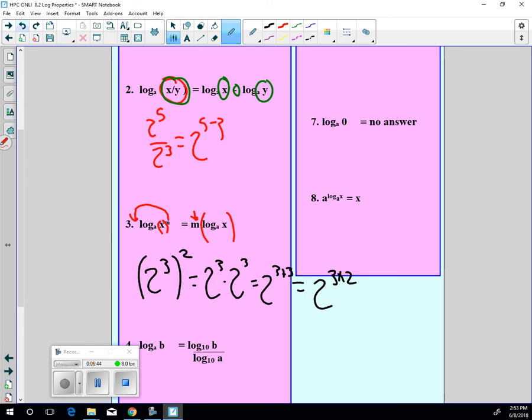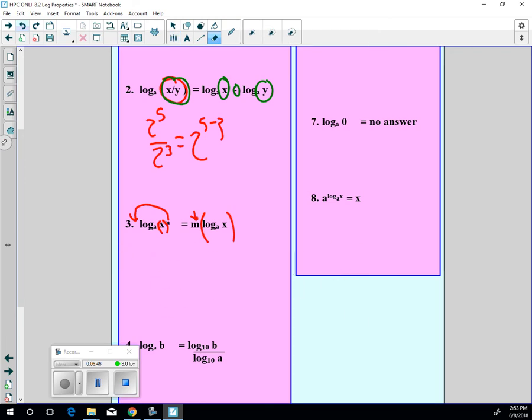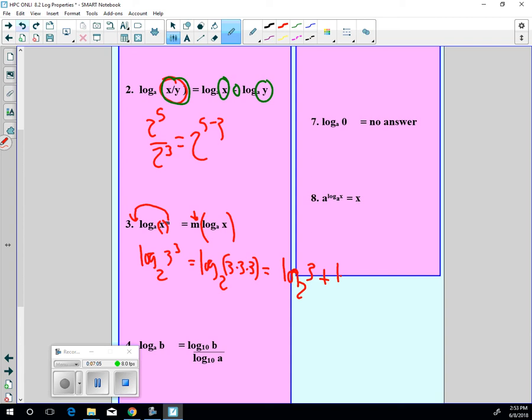If that doesn't make sense to you, let's try another one. Let's try log base 2 of 3 to the 3rd. Okay? That's the same as the log base 2 of 3 times 3 times 3. That's the same as the log base 2 of 3 plus the log base 2 of 3 plus the log base 2 of 3, according to that multiplication one.